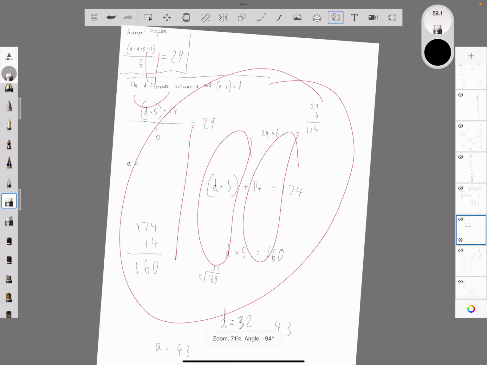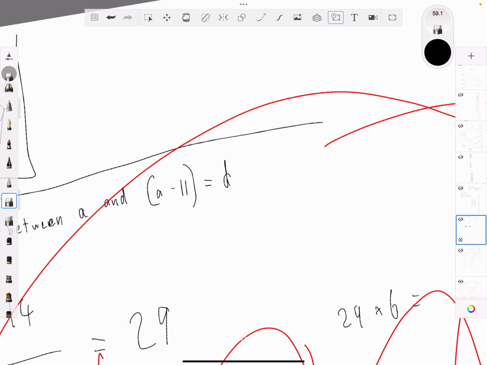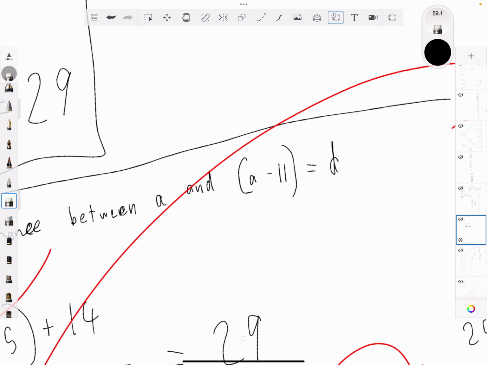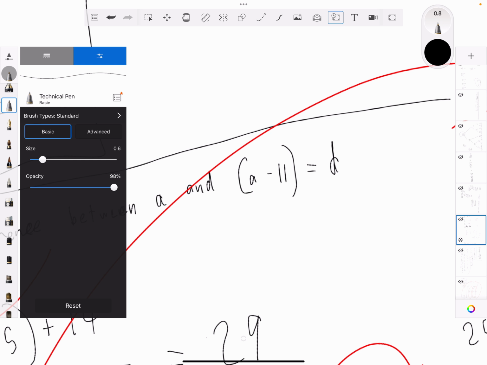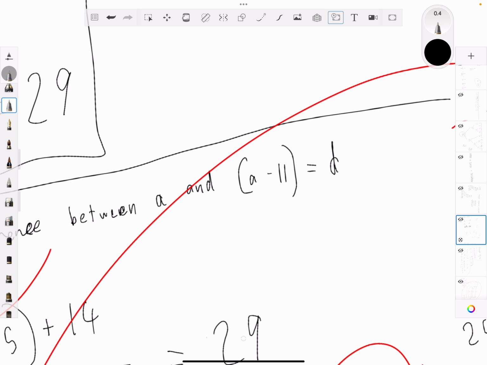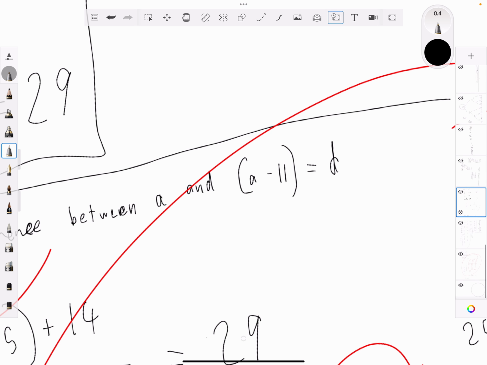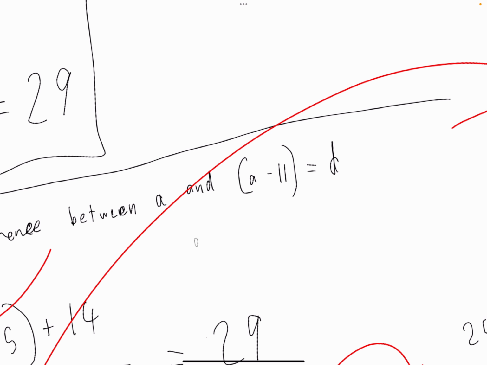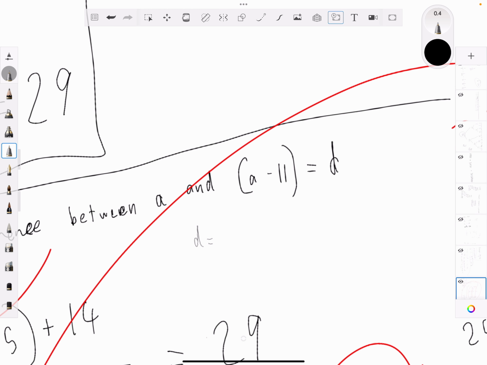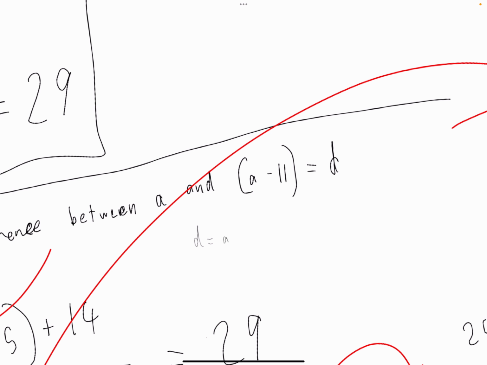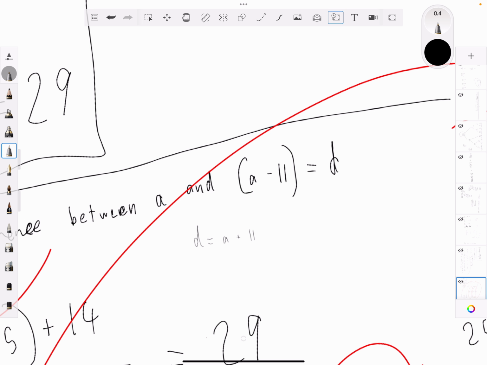What did I do here? Okay, I'm gonna start over. Let's make this a little smaller. So D equal A plus 11.